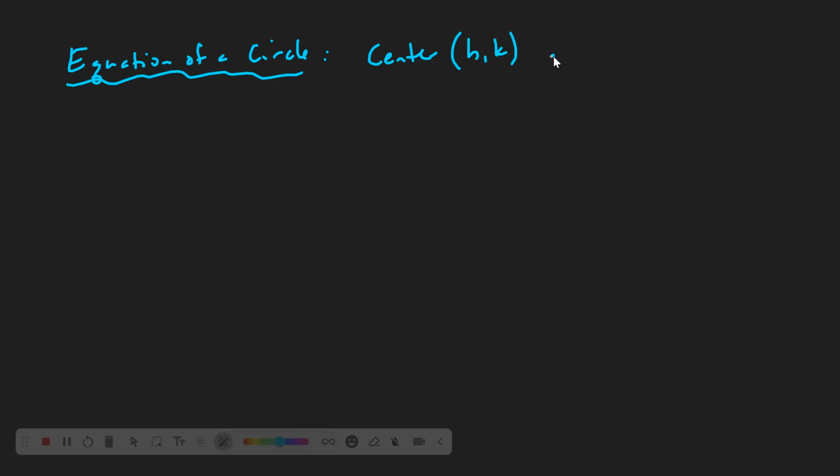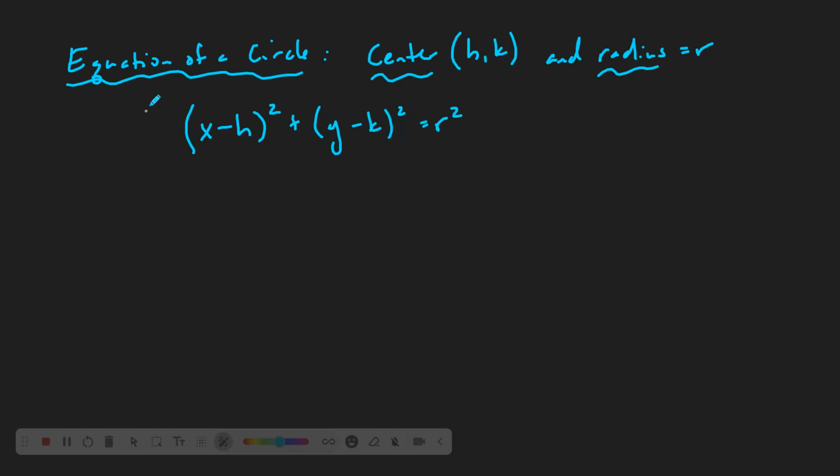And a radius equal to r. So it has a center and it has a radius. Then the equation is going to be this: parentheses, x minus h squared plus parentheses y minus k squared equals r squared.